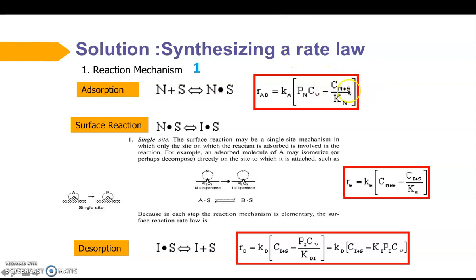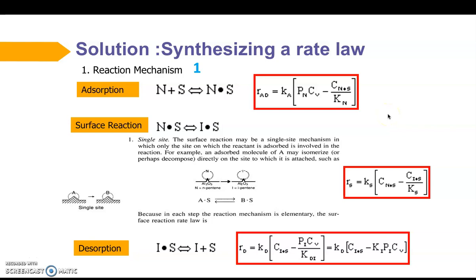So this is Cn dot S. Detachment is from right to left, so Cn dot S, with minus K negative A. Capital Kn is Kn over K minus N, so this is being simplified. Right, so that is the absorption step.